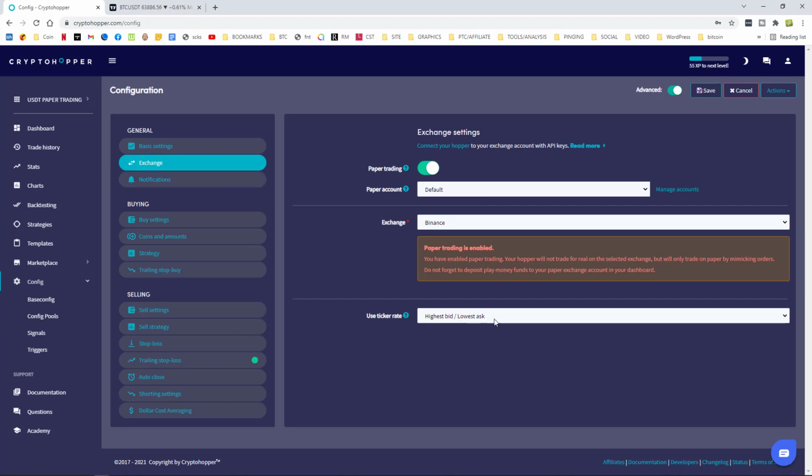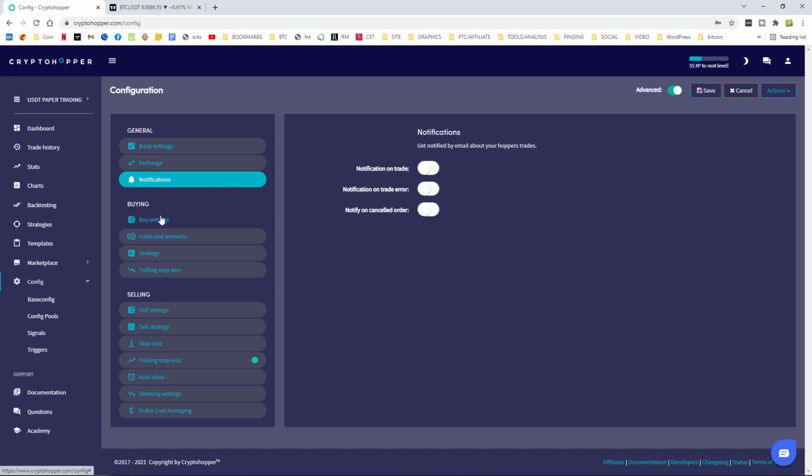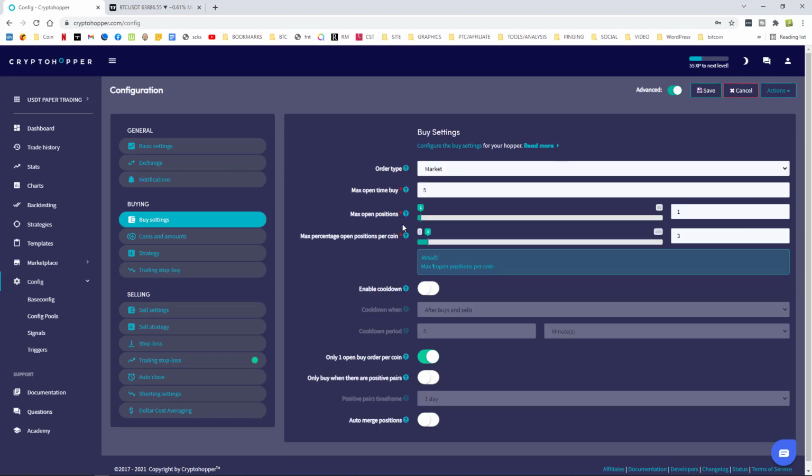And highest bid, lowest ask, that's correct. Notifications up to you. Buy settings, right. It ignores Tradingview alerts. If you put 10 positions in there, Tradingview doesn't care. It will just keep sending you signals if you've set it up to do that. So you don't have to worry too much about what's set up in here.